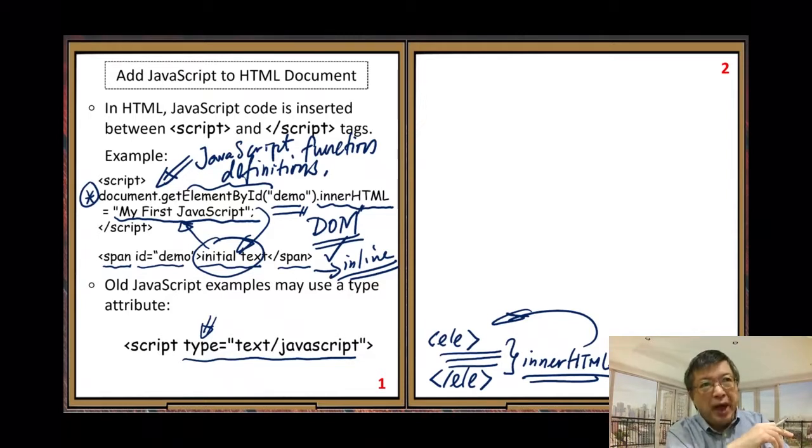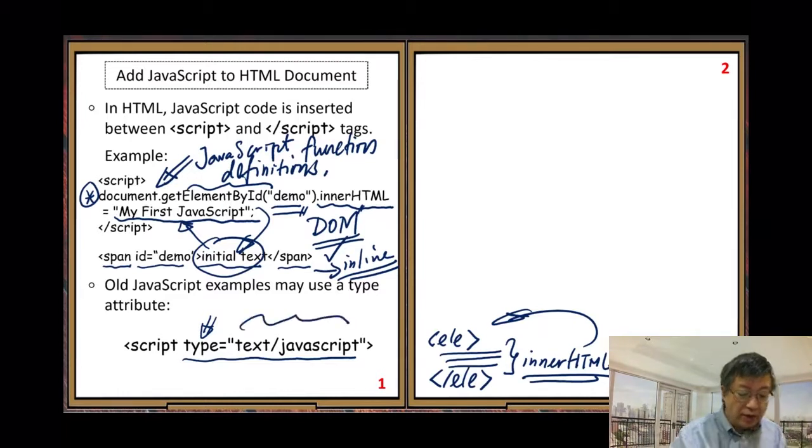Later you may have other important scripting languages, and if you change to a different scripting language, you just change the type here. That's the early stage when people designed the JavaScript scripting language.